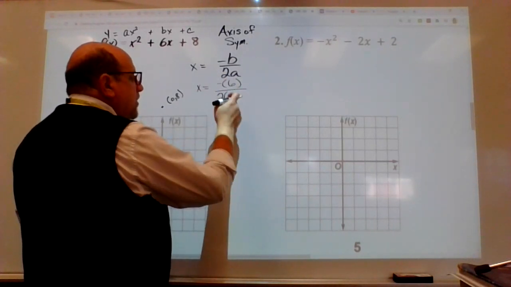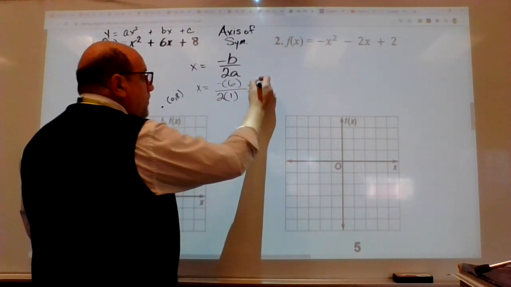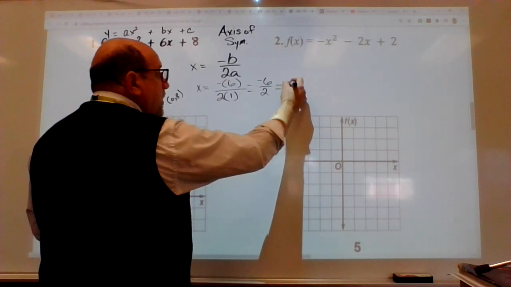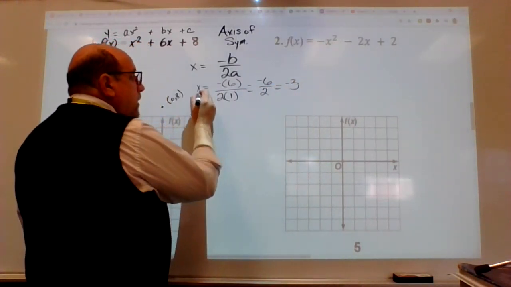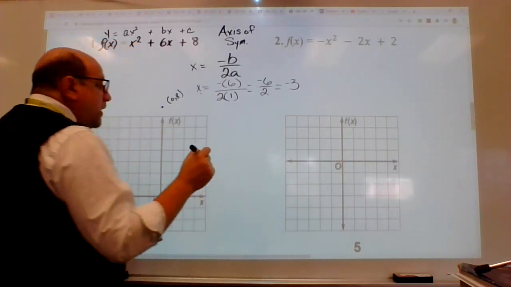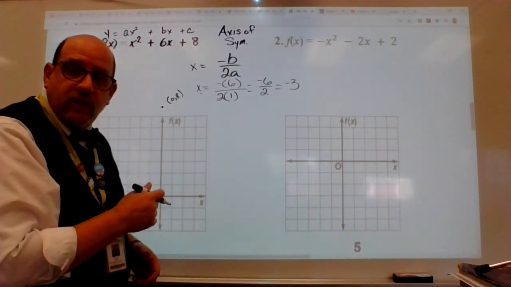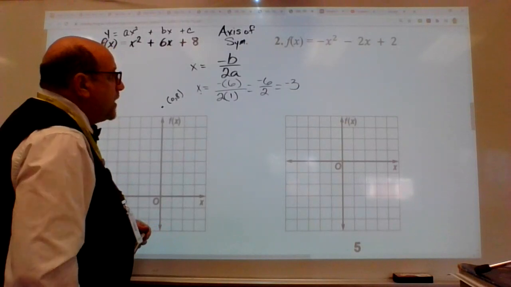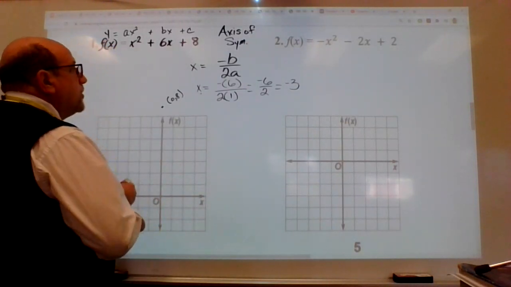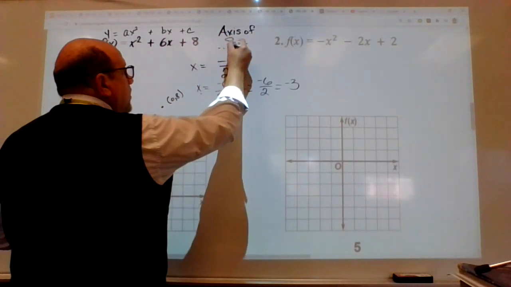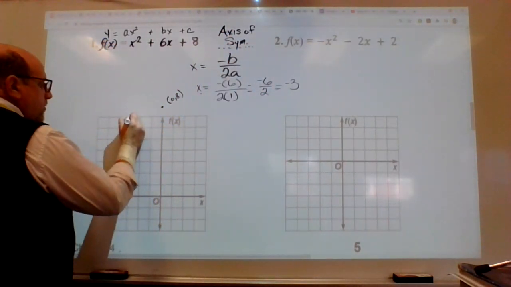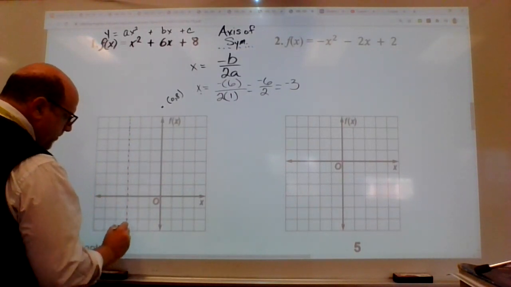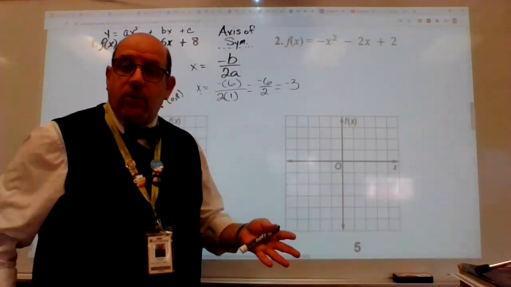Negative 6 over 2 times 1, which is 2, and we have a value of negative 3. So my x-coordinate is negative 3. What I want to do is move over 3 spaces on the x-axis and create a dotted line to show my axis of symmetry. We're going to use purple to show our axis of symmetry. I'm going to show that dotted line right down the negative 3 line. Okay. Right? So now we're set.